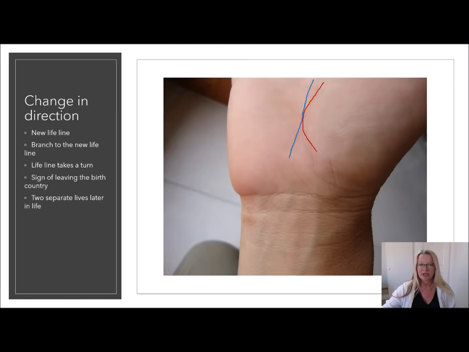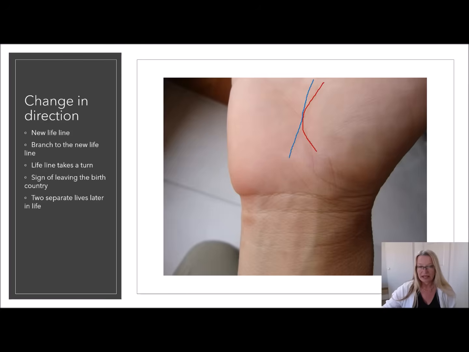So during that period there is a change, so the life is taking a turn, much like a road takes a turn. So the lifeline is representing exactly that, a change in a different direction.